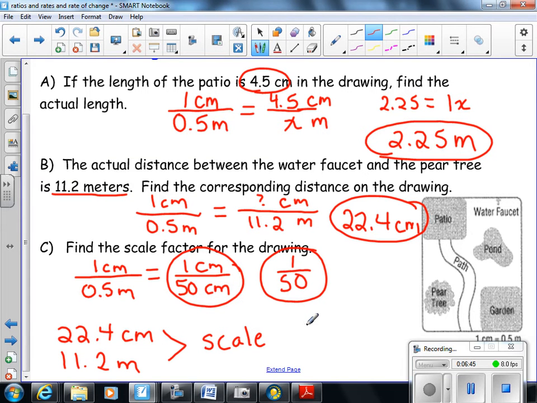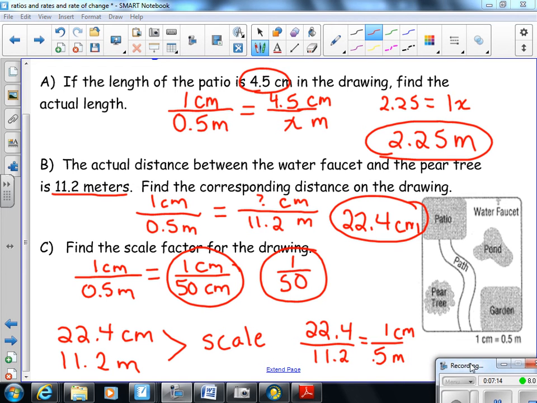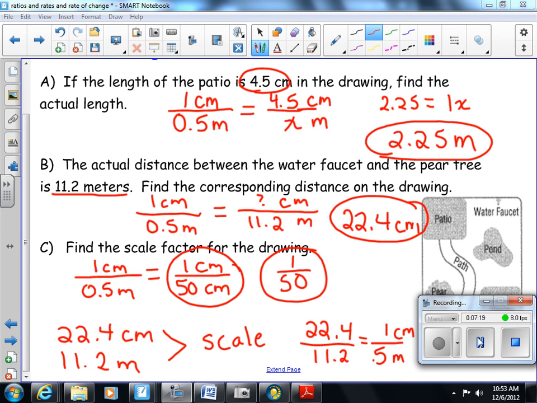So you set it up as 22.4 over 11.2. Now this number has to be 1. What do I do to 22.4 to get it down to 1? I divide it by 22.4. So do the same to 11 2/10: 11 2/10 divided by 22 4/10, and you get 0.5. That tells me that for every 1 centimeter, it's going to be 1/2 of a meter. And that's the way I turn given information into a scale.